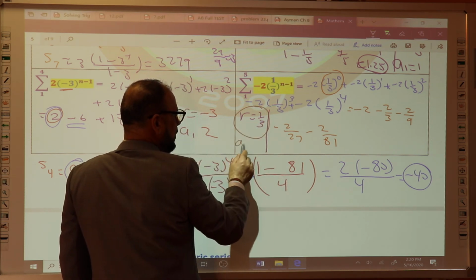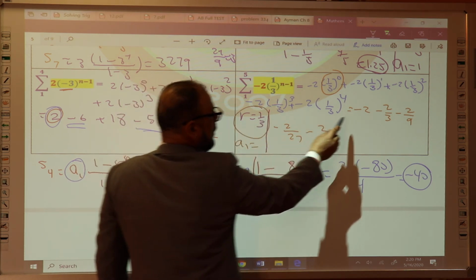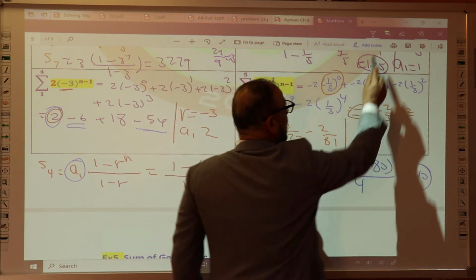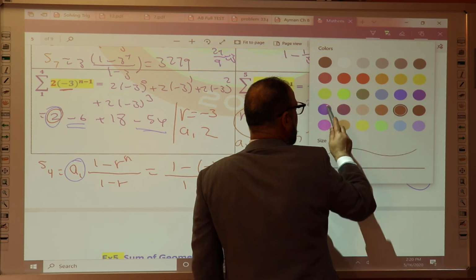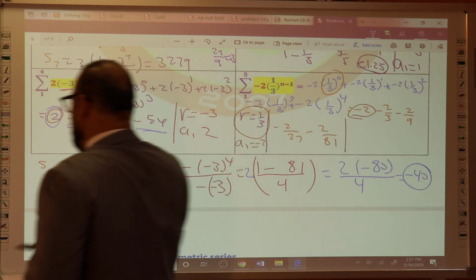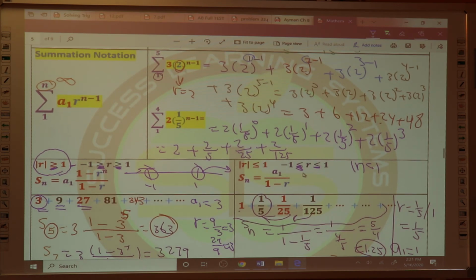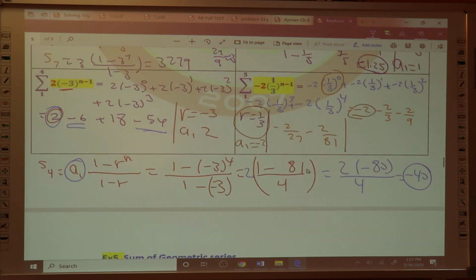And A1 equal negative 2. Then find, guys, the sum. What's the sum in this case? Back to the note here. The sum in this case is what? This is your sum, A1 over 1 minus R.